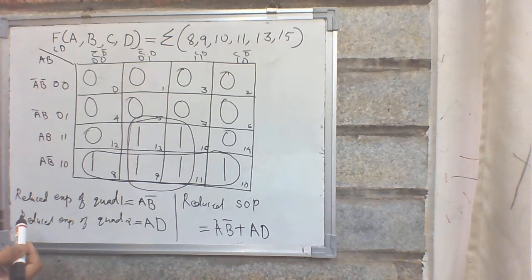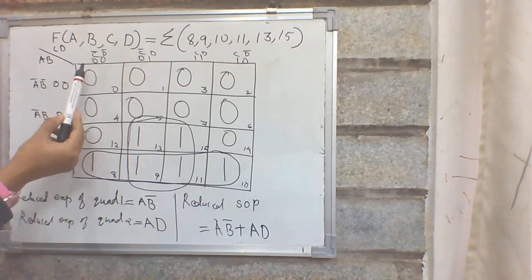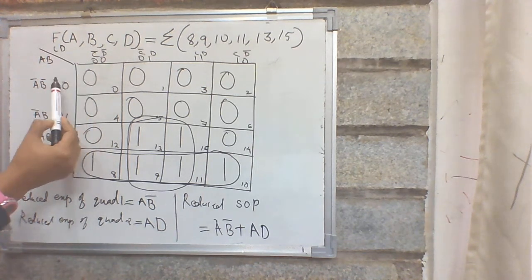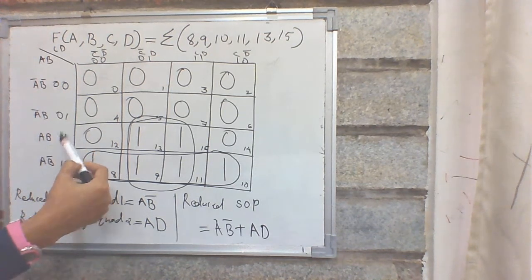If it is a 4 variable K-map, we need to draw the 4 variable K-map. Normally in the exam, this 4 variable K-map is asked as a question. After that, we need to write the side numbers 0 0, 0 1, 1 1, 1 0.